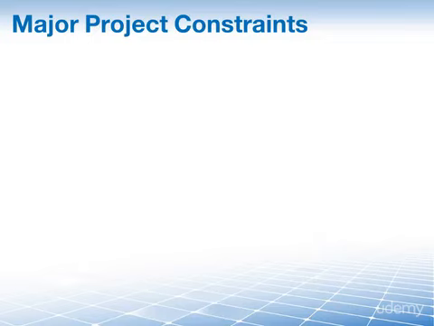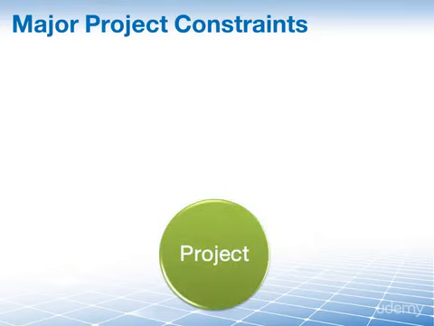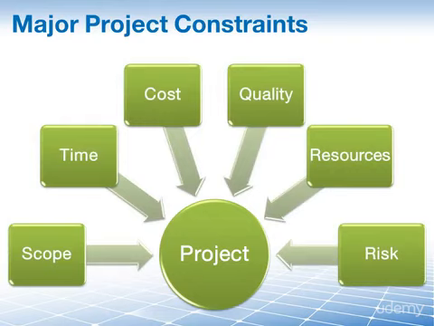So, constraints will influence practically every single area of your project's processes. The PMBOK guide specifically lists 6 constraints that you must effectively manage. They are scope, time, cost, quality, resources, and risk.